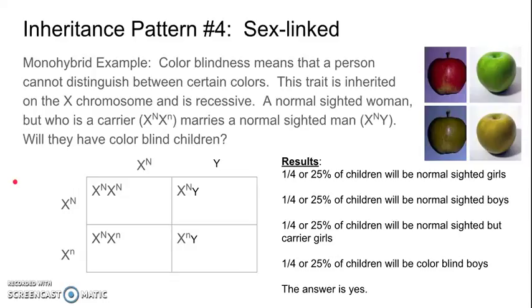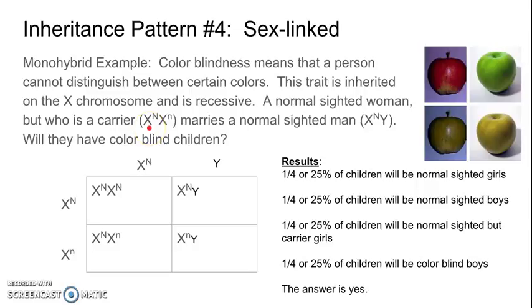So if we consider an example of a normal-sighted woman that is a carrier, meaning she is in a way heterozygous, marries a normal-sighted man. One thing I want you to notice is that when we write this genotype, we designate the allele for the trait on the sex chromosome as a superscript, because we are always tracking the sex of the organism.